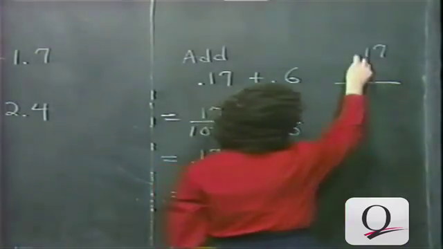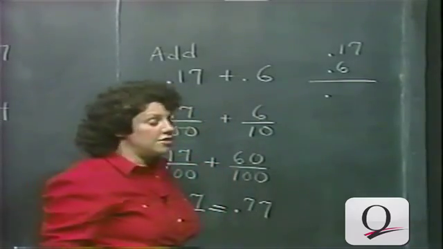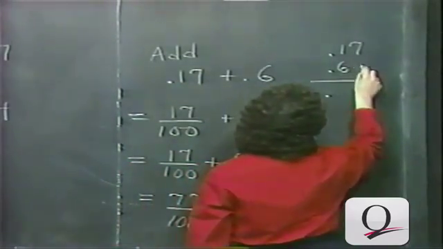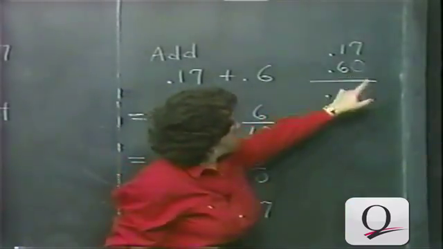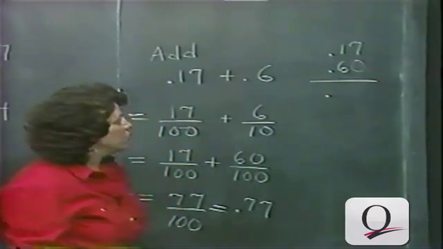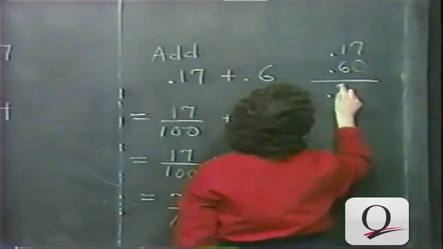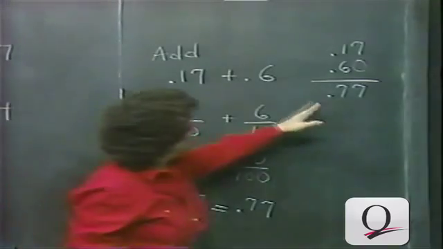The decimal point in the answer is directly under these decimal points, and you add zeros where necessary to help you understand what's going on. And adding the 0 here is similar to multiplying top and bottom by 10 over here. So we have 0.17 and 0.60, and we add them, we get 0.77. So this is really the direct way of doing it.